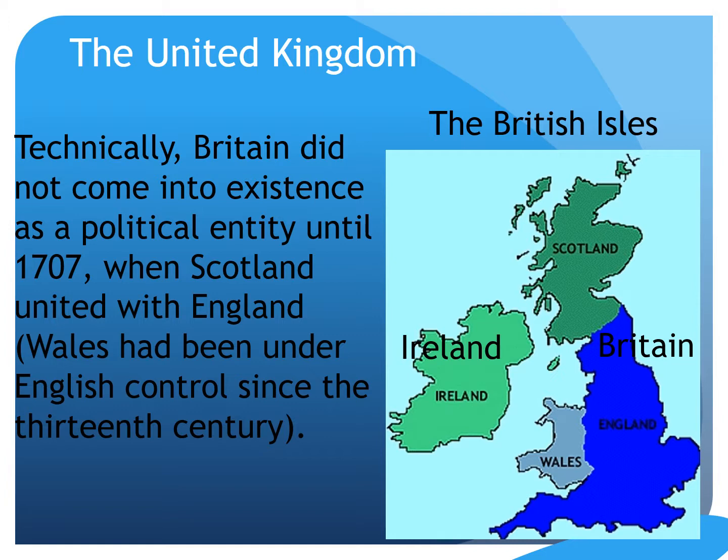Wales was included, but generally we say England. Scotland was separate. Okay, so then in 1707, Scotland and England joined together, and so then we start to say Britain. The island all becomes one country. So it becomes Britain. Wales has been under English control since the Middle Ages.